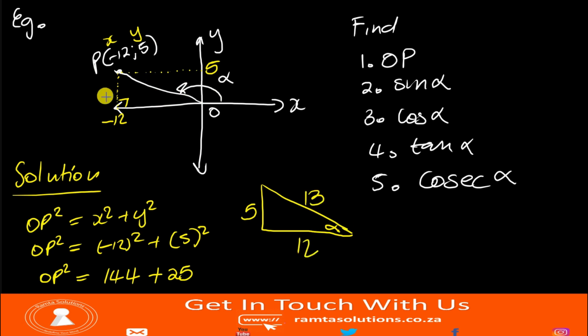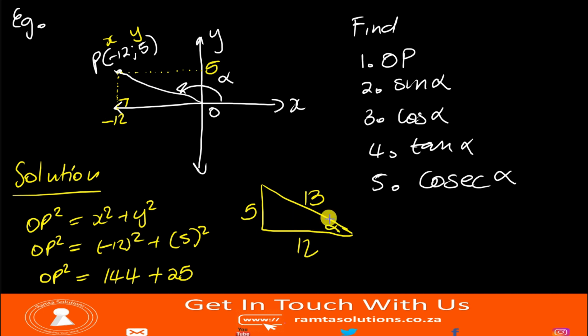This smaller triangle looks like this one here. But pay attention to the signs that you are using here. I do not want to dwell on why this angle is here; you will get to see this more in grade 11. However, you are okay to say this is 180 minus alpha.